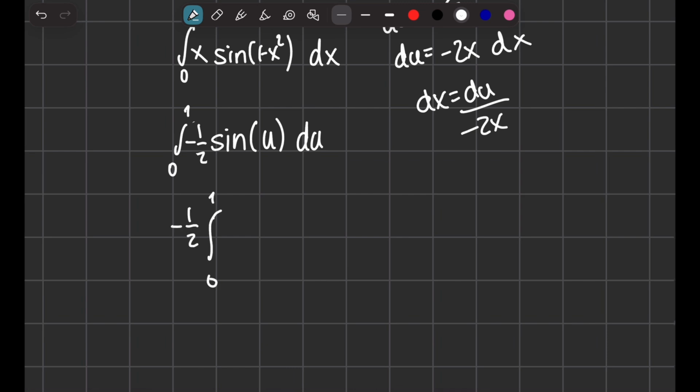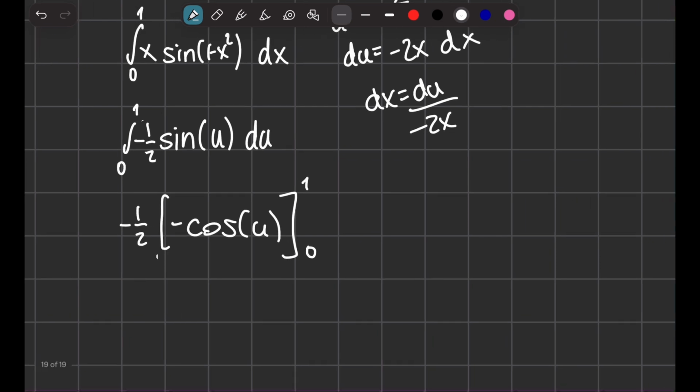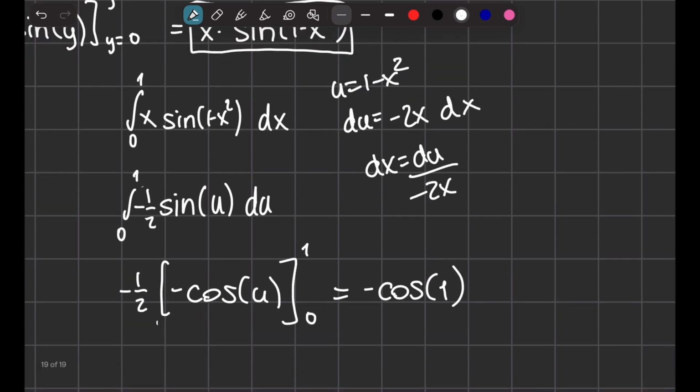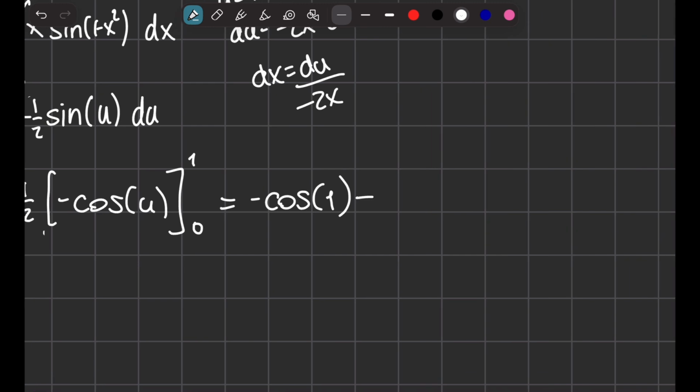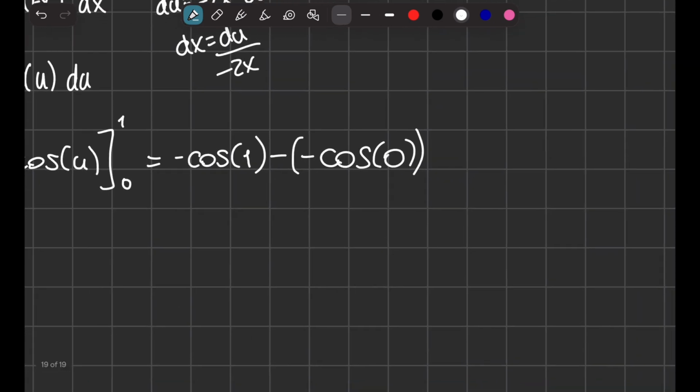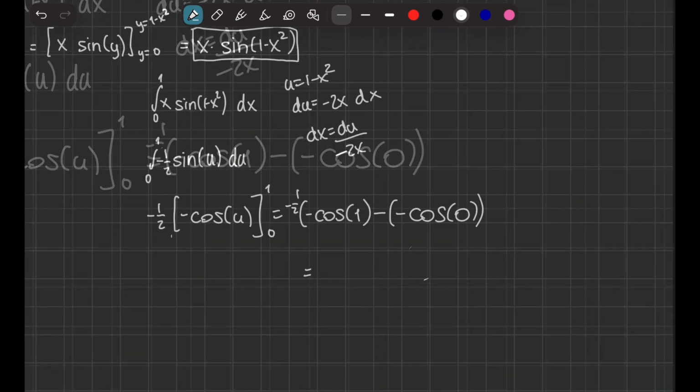So the integral of sine is minus cosine of u, and then the upper and lower bounds are 1 and 0, so equals minus cosine 1, and then minus cosine 0, and then all of that times minus 1/2.